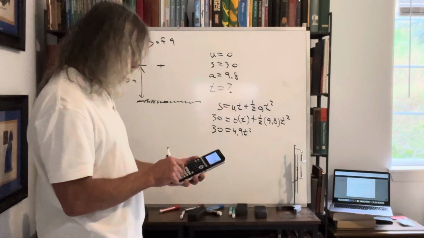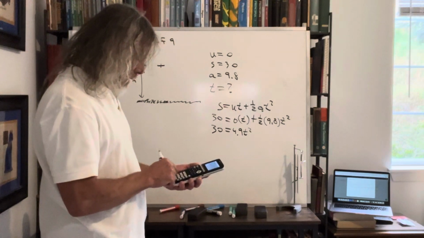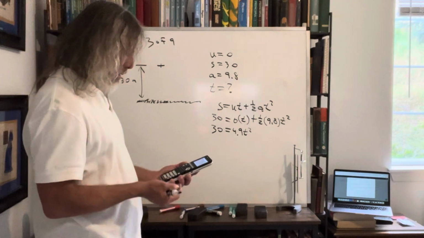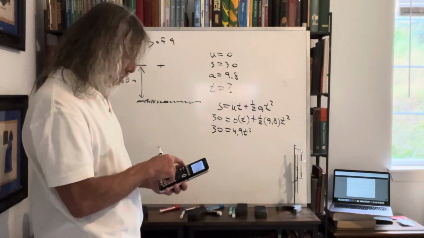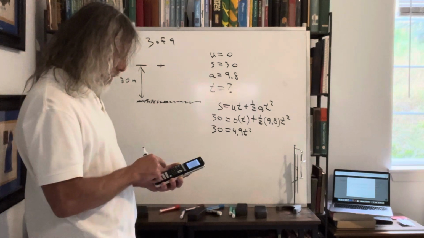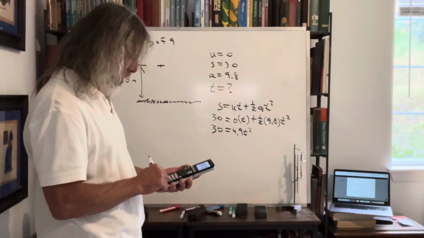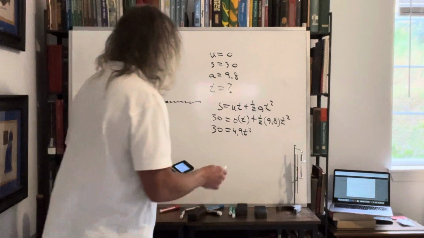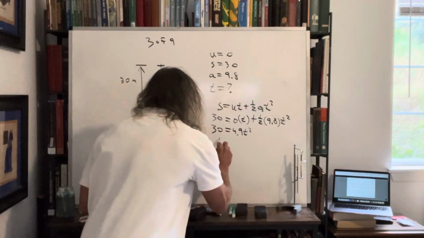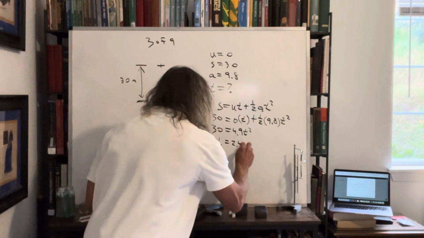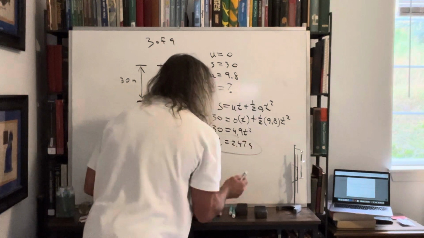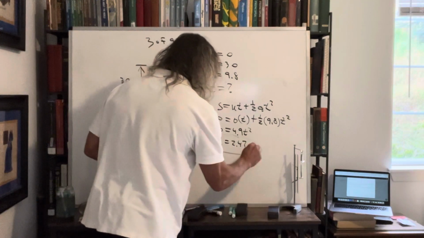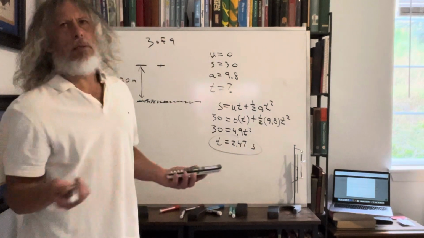But if I use the 4.9, 30 divided by 4.9 is 6.12, square root, so 2.47. 2.47 seconds. S for seconds. Okay, that's how you do that one.